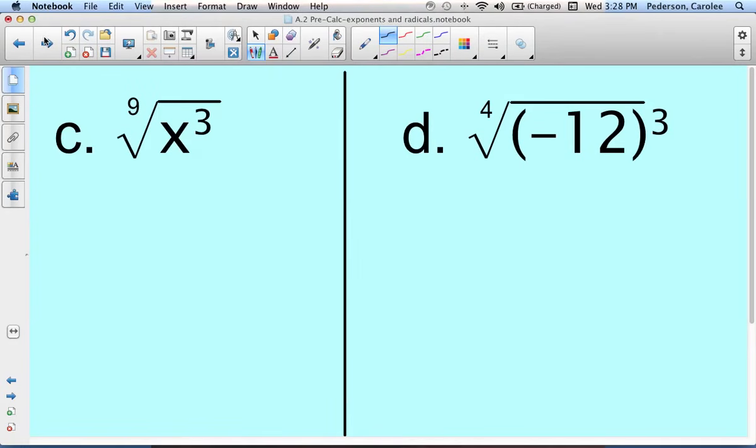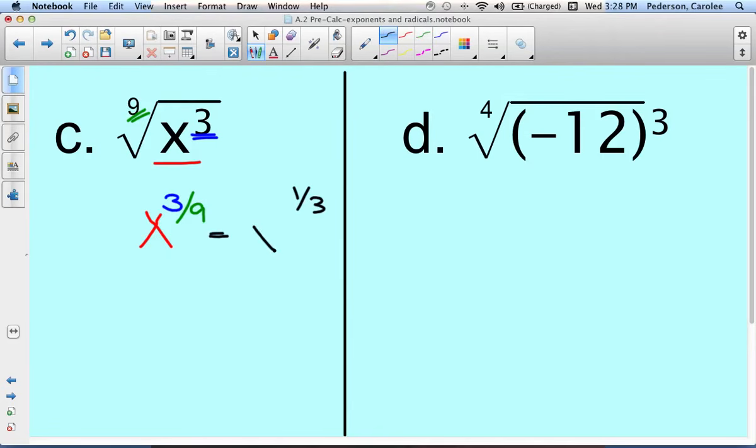Here is a radical of the 9th root of x to the 3rd. So our base is x, our power is 3, and our index is 9, so that's going to go underneath. Well, we can simplify that fraction, 3/9, as 1/3.